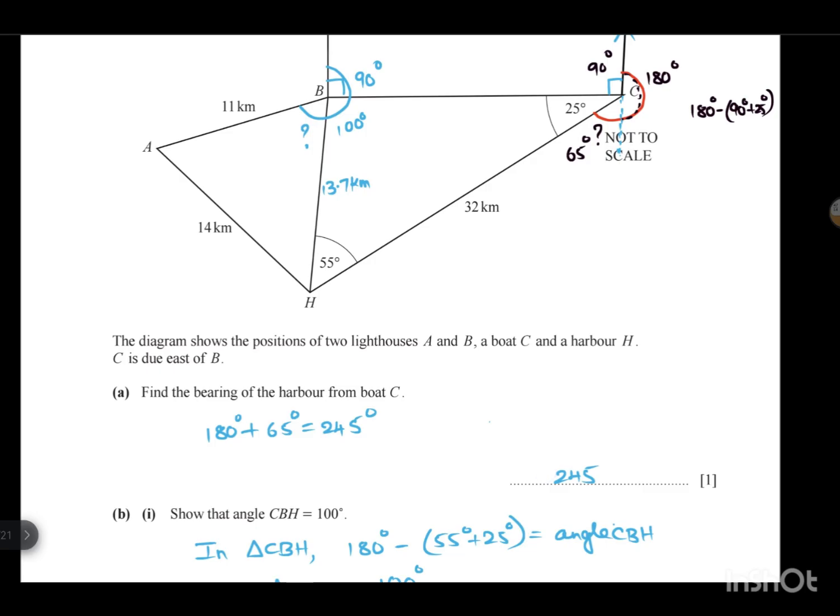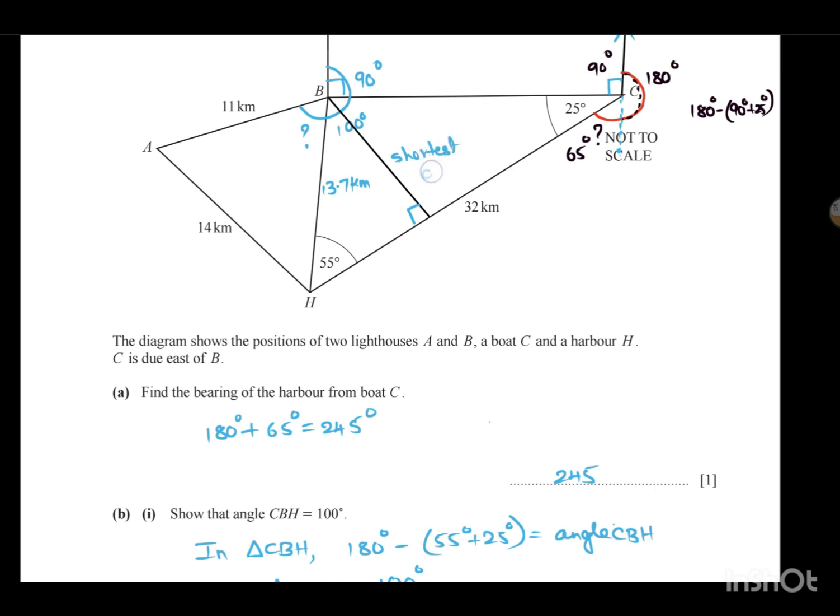We need to find out the distance between boat C and the harbor when boat C is at the shortest distance from B. So for that we need to draw a perpendicular line from B to CH, like this. Now this is a perpendicular line, this is the shortest distance.